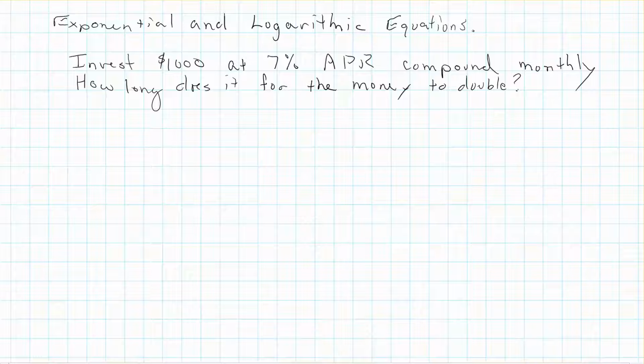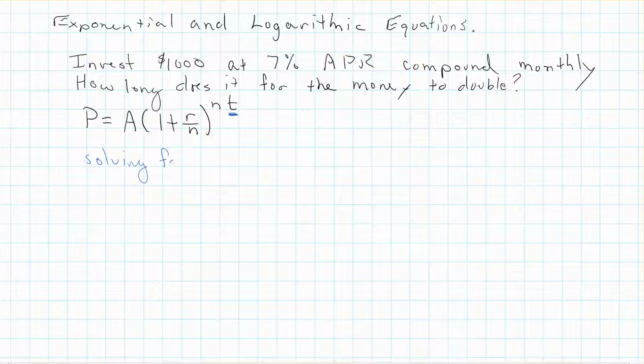Now remember, our compound interest formula was P is equal to A times 1 plus r over n to the n times t power. Now, unlike some of the other problems, what we're going to be solving for is t. So that's a whole different process than what we've been doing before.